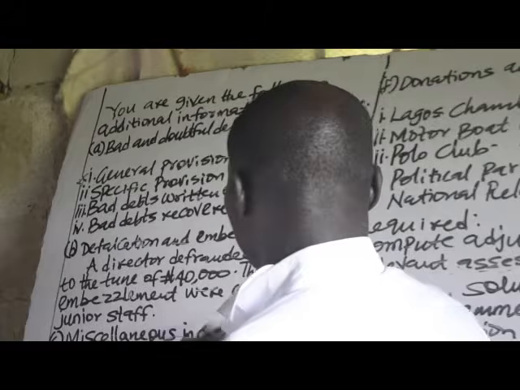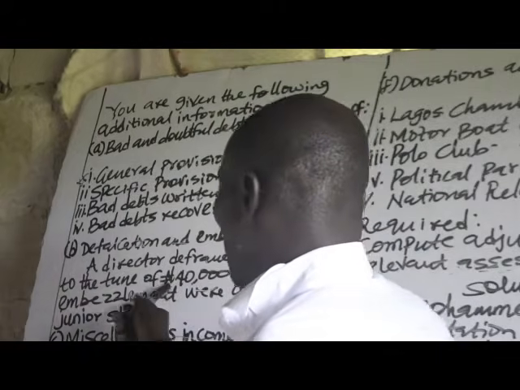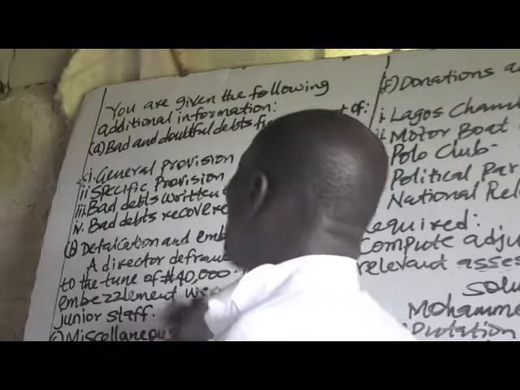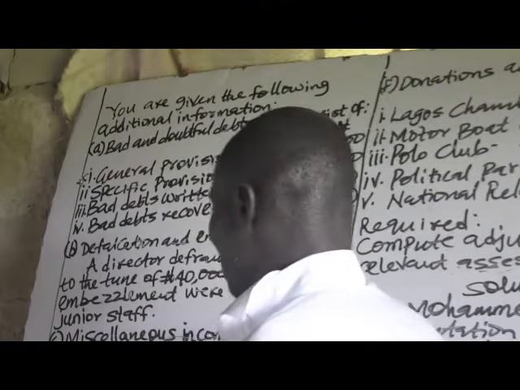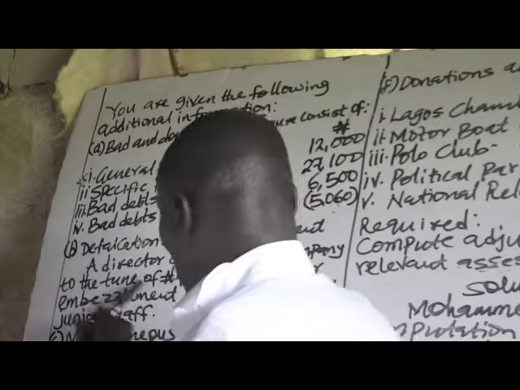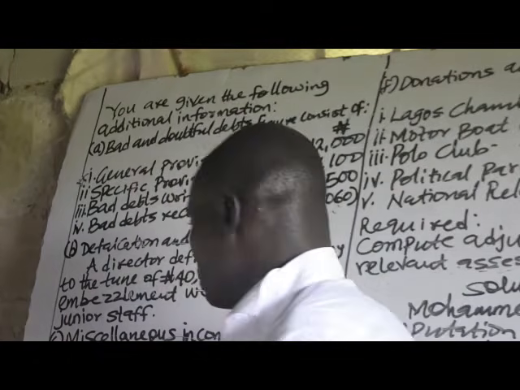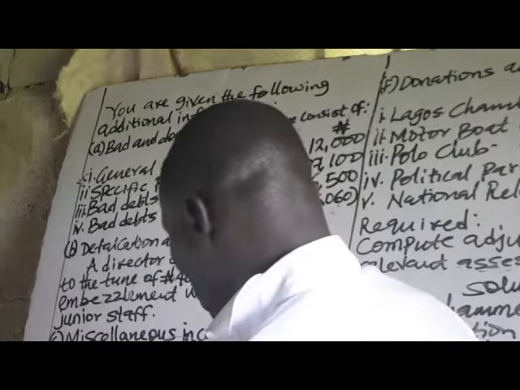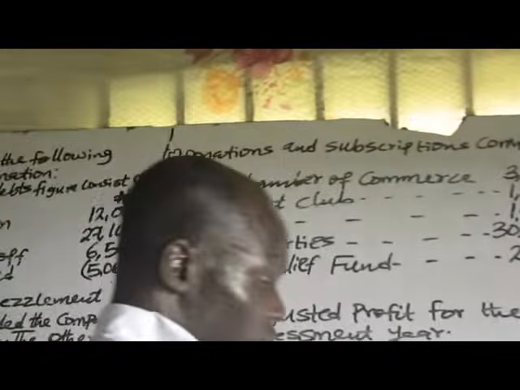This is not allowable for tax purpose, and it has not been reported in the account. Since it has not been reported in the account and it is not allowable for tax purpose, we ignore that under this method. Miscellaneous income has been considered. Legal and professional charges have been considered. Then miscellaneous expenses have equally been considered. Donations have equally been considered.